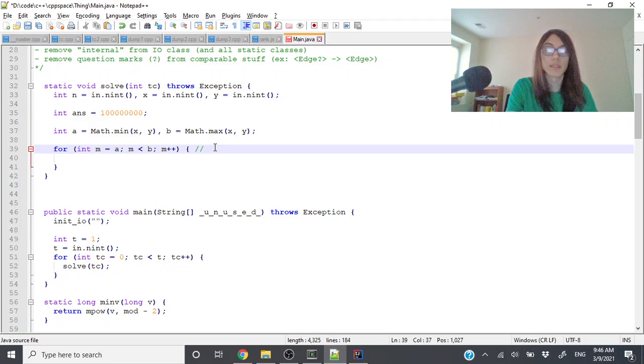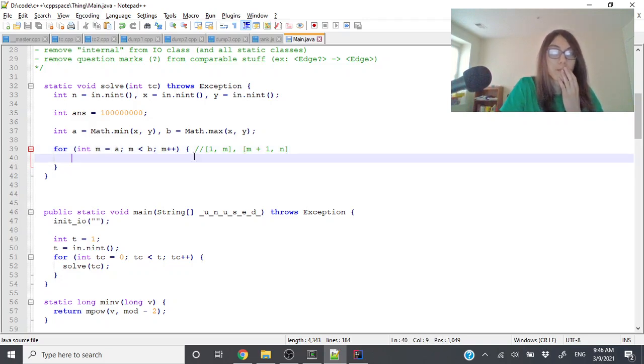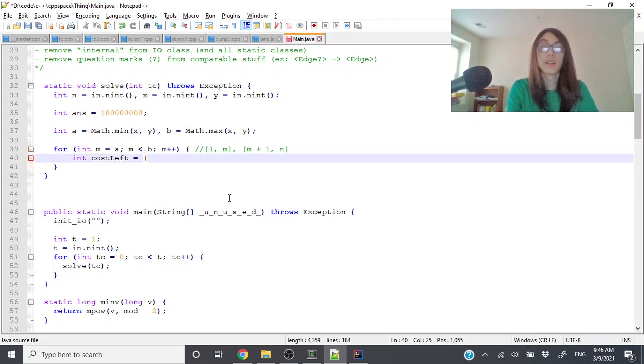No, the first policeman visits inclusive 1 to m, the second visits exclusive m, or m plus 1 to n. So the total cost is either you go left, you go right, and then you traverse the whole thing. So int costLeft equals, I'm really starting to adopt the Java stuff. I'm doing camel casing now. Let's see, so it's m minus 1, or just m, the total length, plus math.min of the time it would take to go left and the time it would take to go right.